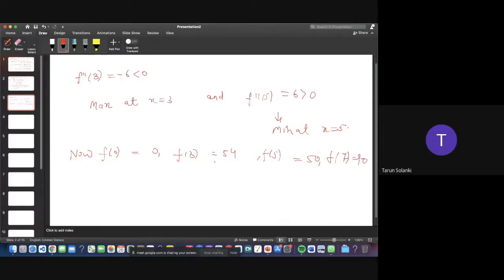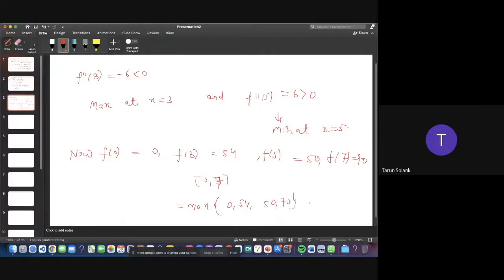So the greatest value of the function from 0 to 7, so max is of 0, 54, 50, and 70, which is 70. So this is the answer.